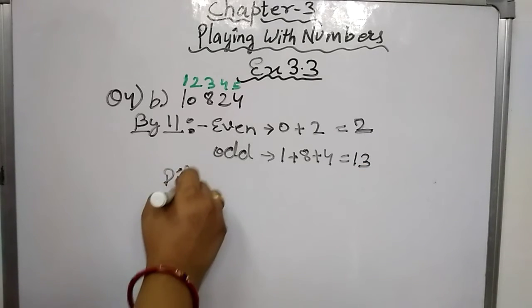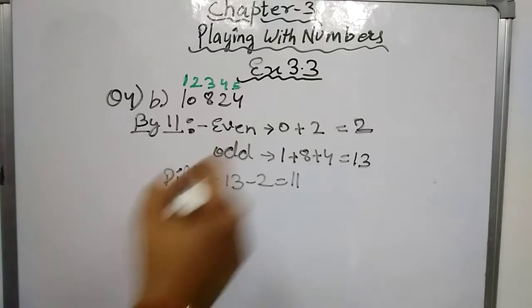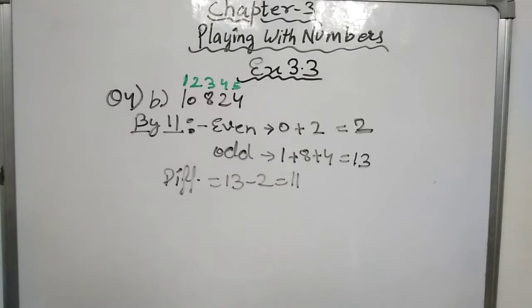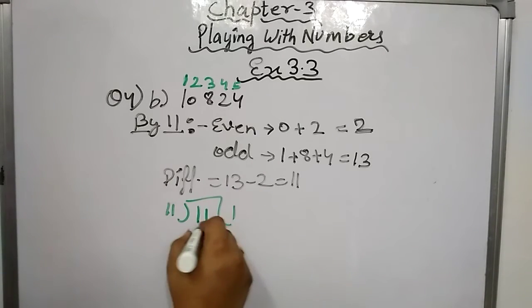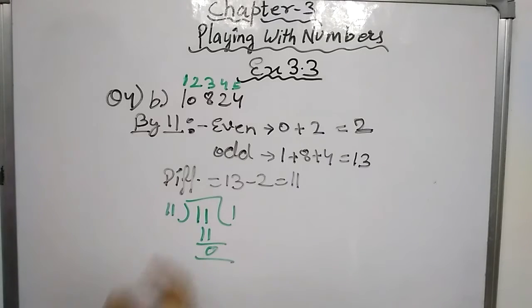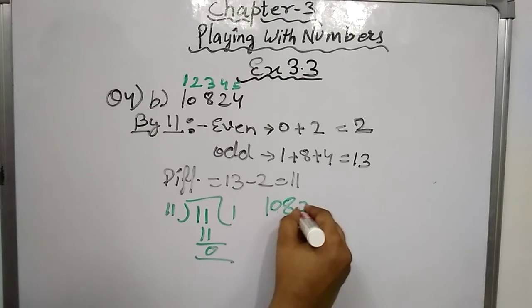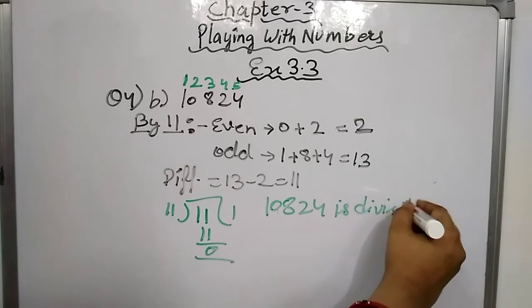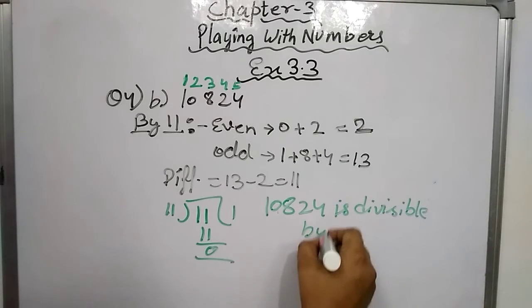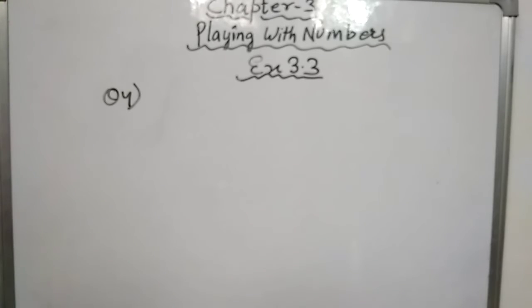Now difference between these sum, 13 minus 2, that is 11, and this 11 can be divided by 11, giving us a remainder 0 and quotient 1. So that means this 10,824 is divisible by 11. Let's take another number.